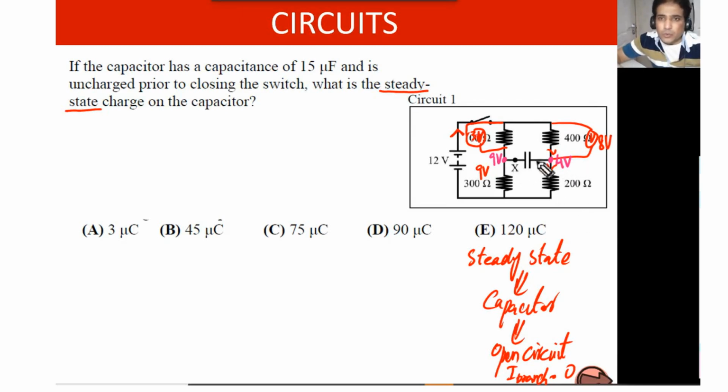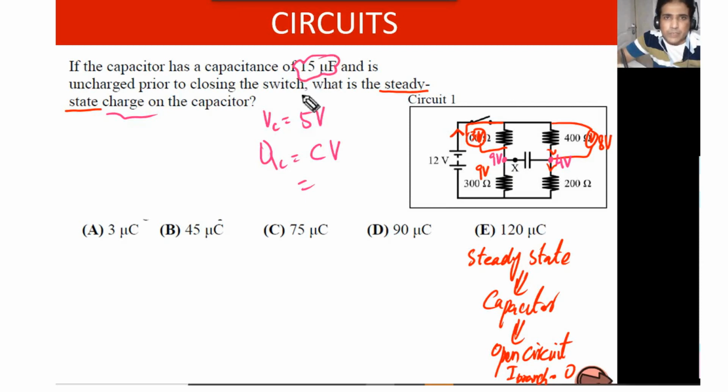So what is the voltage across this capacitor now? One side you can see is 9 volt, other is 4 volt. So we can see the voltage across the capacitor has to be equal to 5 volts. So what the question is asking, we need to find the Q, the charge on the capacitor. So we can say Q is equal to C times V. The capacitance of the capacitor is given.